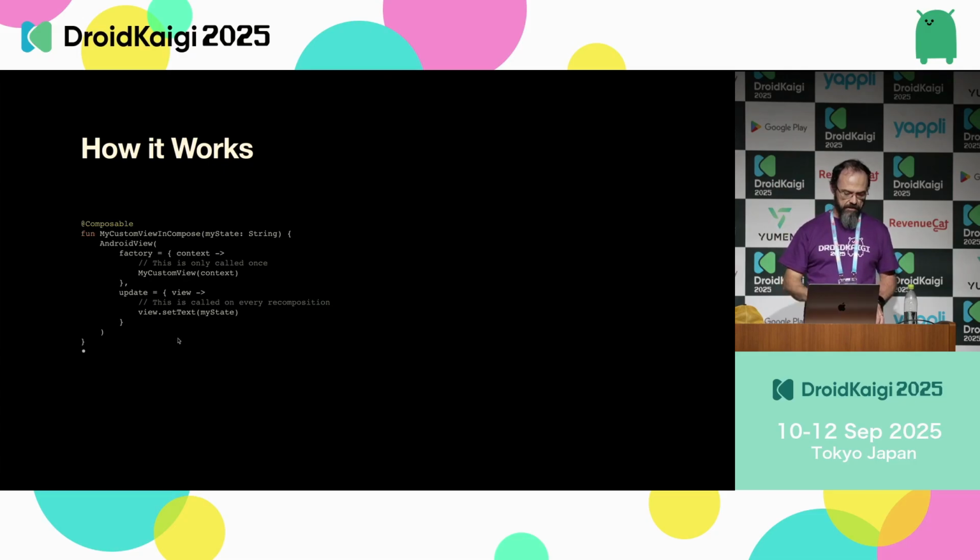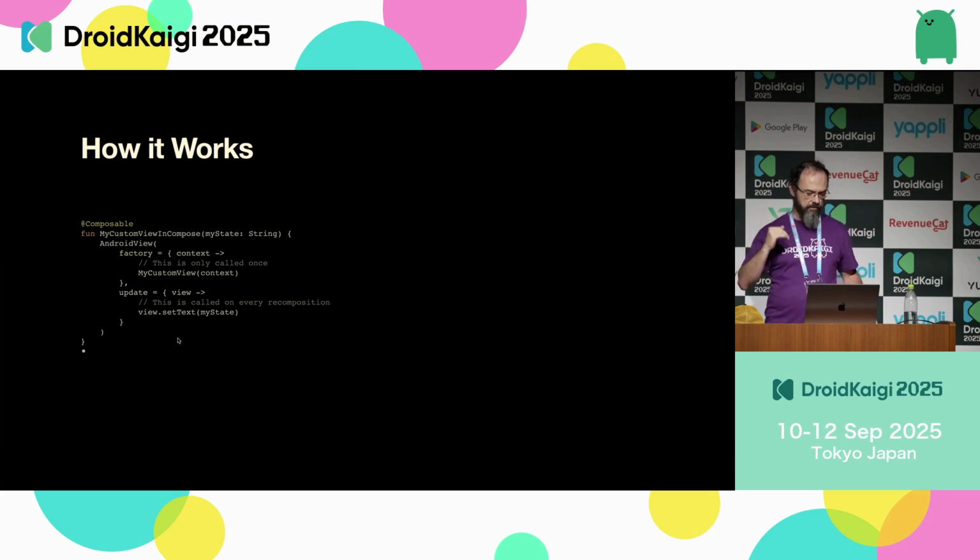On the update lambda, we receive the view as a parameter, and this is what we are going to call on every recomposition. We'll take our view, call the method setText, and update it with the string myState that we have received here. Of course, this is a very simple example.